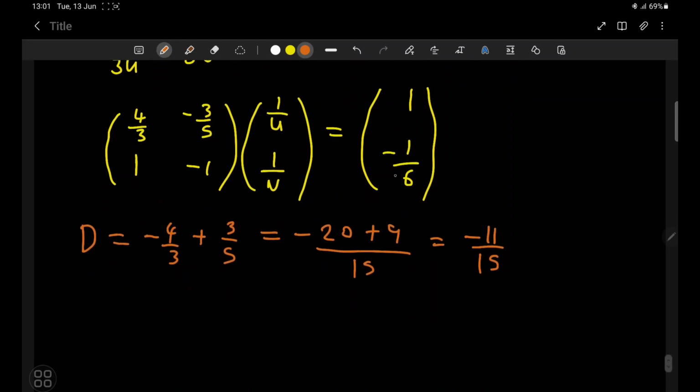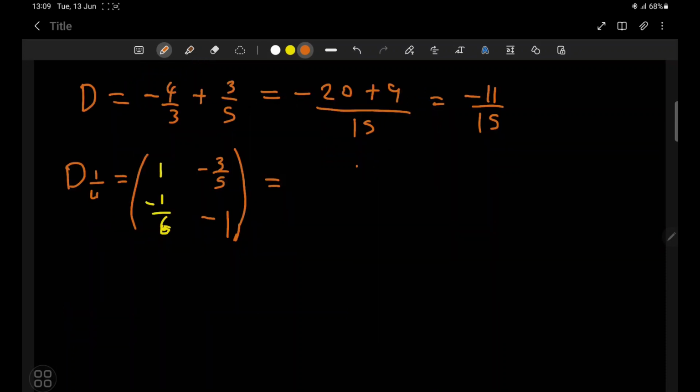Then we replace our solution on the first element for us to find 1 over u. So D of 1 over u will be equal to, so solving for D1 over u, we've replaced the solutions on the first element, then we maintain the other element at the other column.